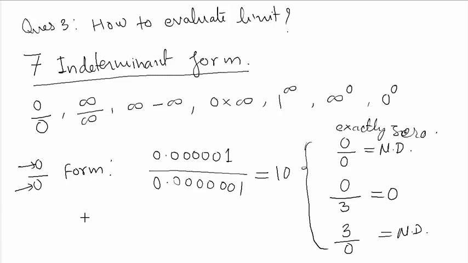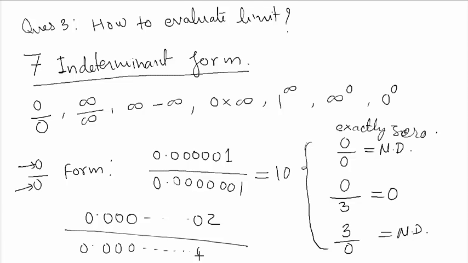We can also think of 0.00002 upon 0.00002, where here you may have 100 zeros and here 101 zeros. You can still say it is a negligible quantity tending to 0, and again this is also tending to 0. Still you can say that here it is 10.